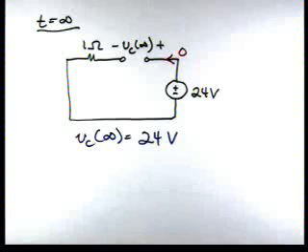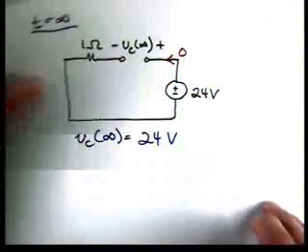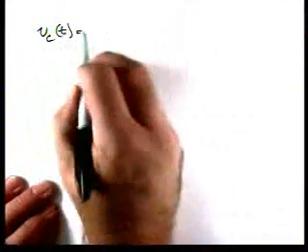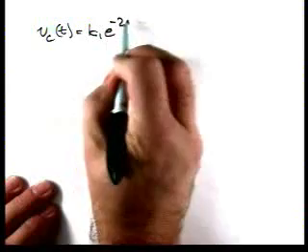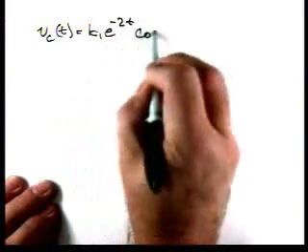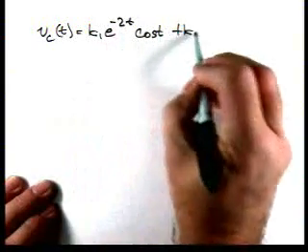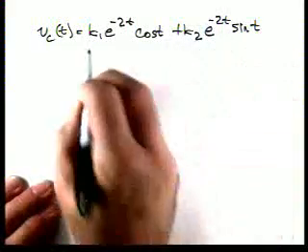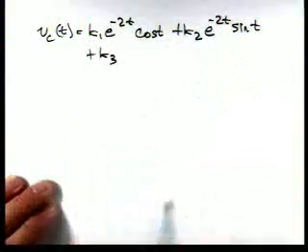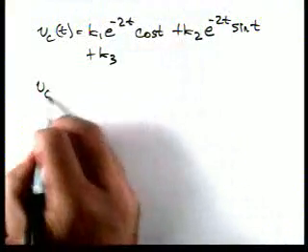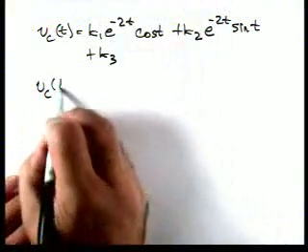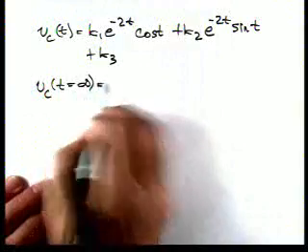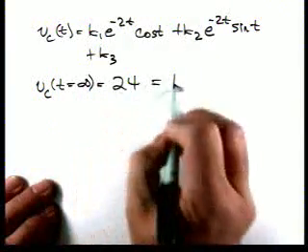So now, our solution is V sub C of t equals K1 e to the minus 2t cosine t plus K2 e to the minus 2t sine t plus K3. So for instance, we plug in t equal infinity, that's going to give us K3.